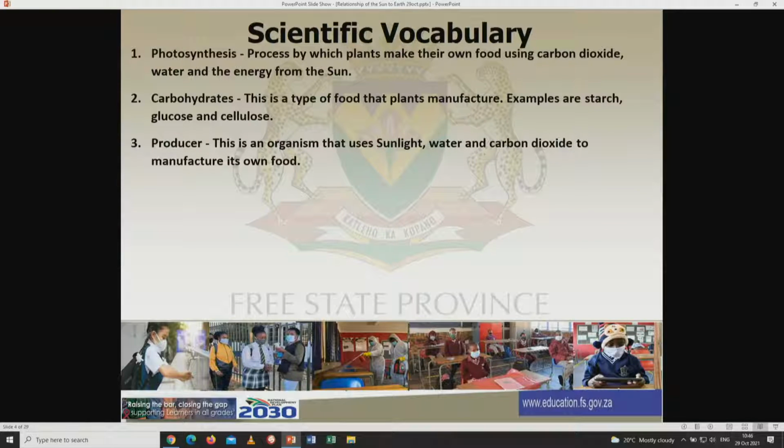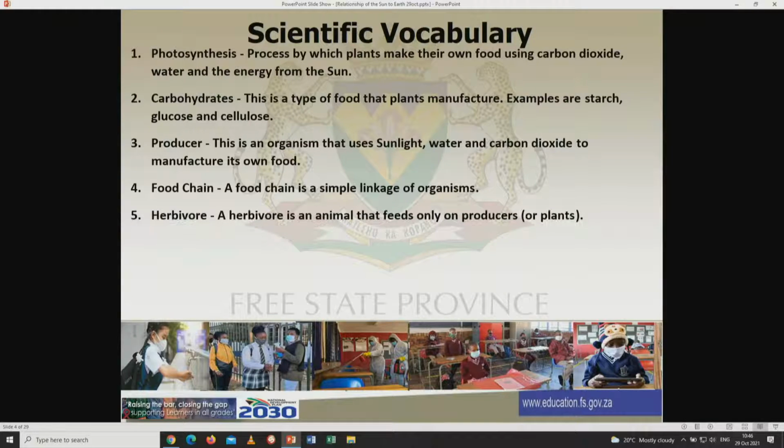A producer, this is an organism that uses sunlight, water, and carbon dioxide to manufacture its own food. Food chain, a food chain is a simple linkage of organisms. Herbivore, a herbivore is an animal that feeds only on producers or plants.